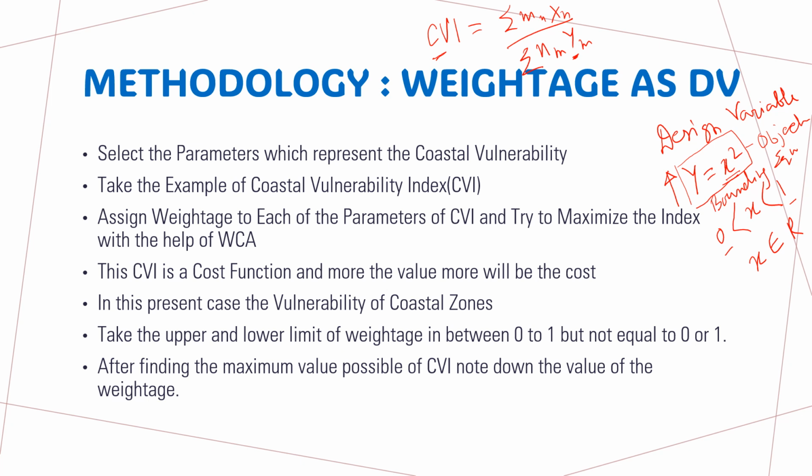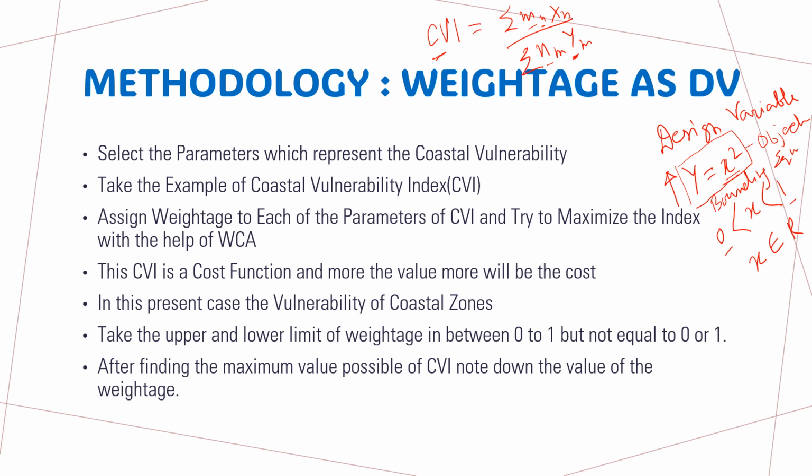So m subscript n and n subscript m are actually denoted as weightage of the variables, and this subscript n indicates the number of beneficiary variables, or the number of variables which increase coastal vulnerability.